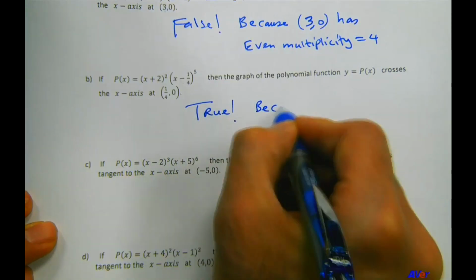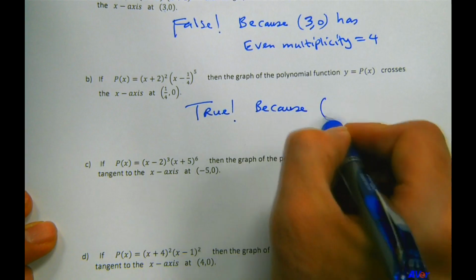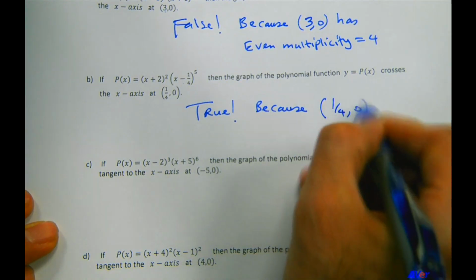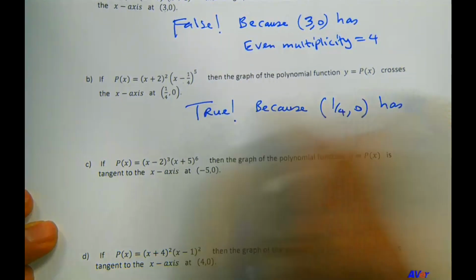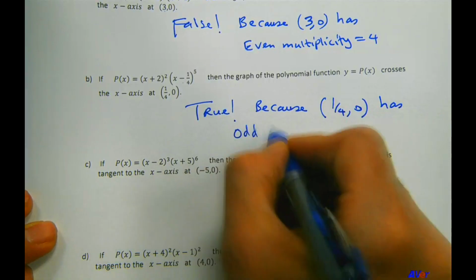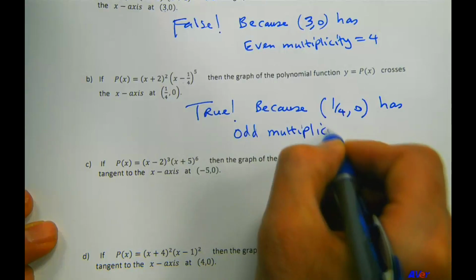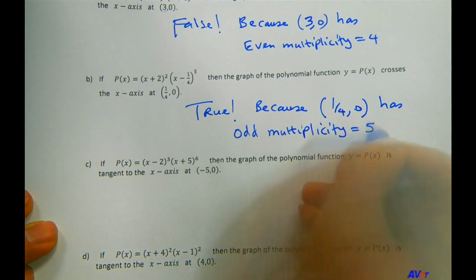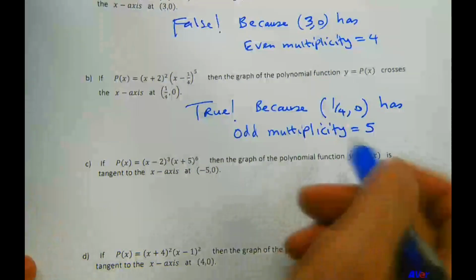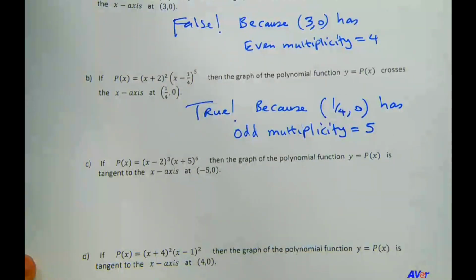True because 1/4, 0 has odd multiplicity equal to 5. Okay? So it's odd, and the graph, as we saw on the computer screen, does go through the x-axis.